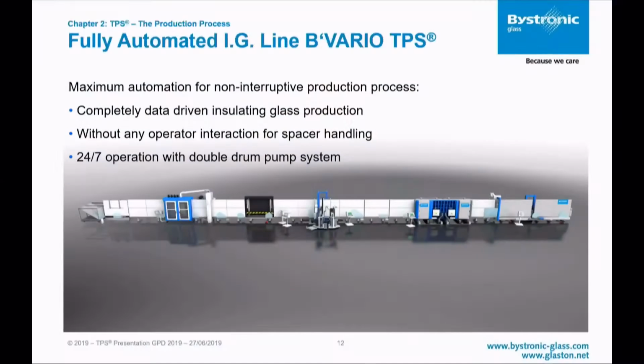For the IGU line, it means only that you apply one additional section inside with a transportation belt, the TPS robot, and that's it. It does not increase the complexity of the IGU line, but it gives you the possibility to run an automated IGU production.